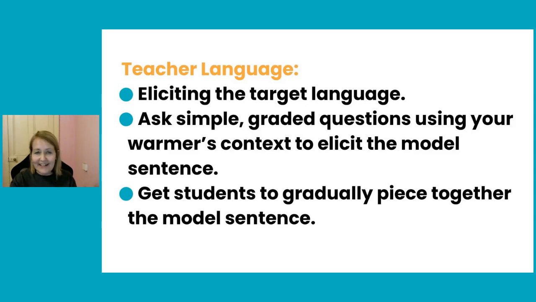That's me not reading, just trying to explain it. So ask simple graded questions using your warmer's context to elicit the model sentence. The context is very, very important as well. And this is often where people get a little bit lost. Remember, it is the first conditional. So one of the main things, it's about real things.